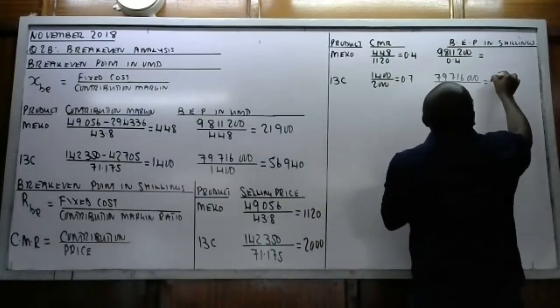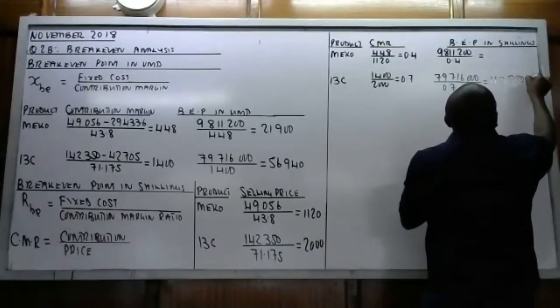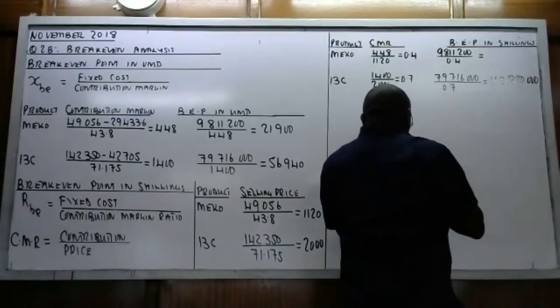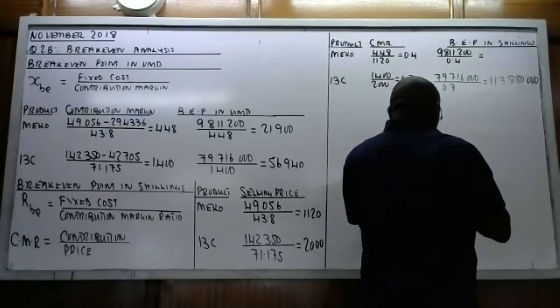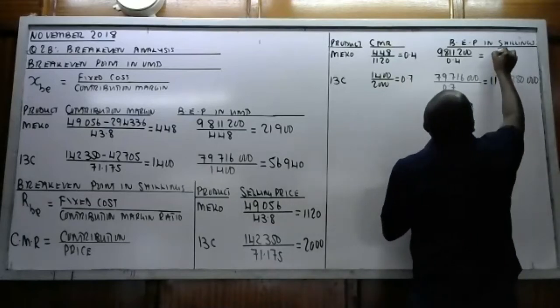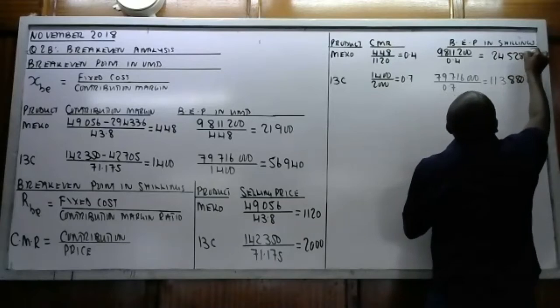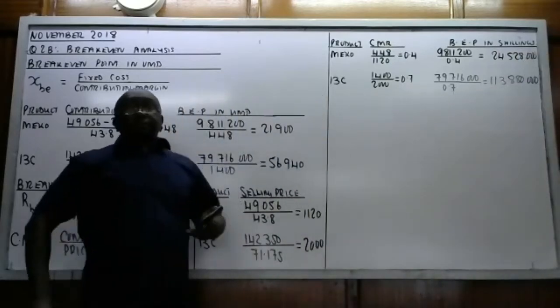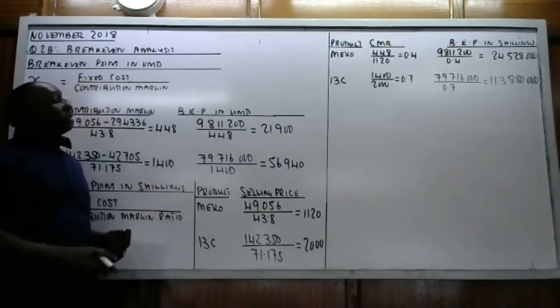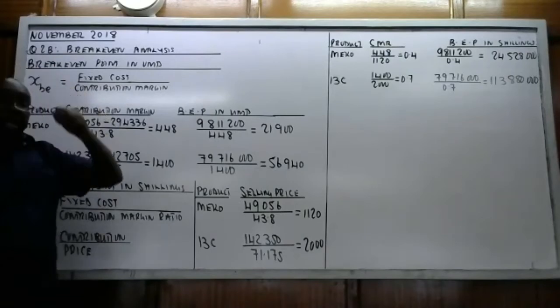I'm getting 113,880. 9,811,200 divided by 0.4 is 24,528,000. So that is how you get the break-even point.